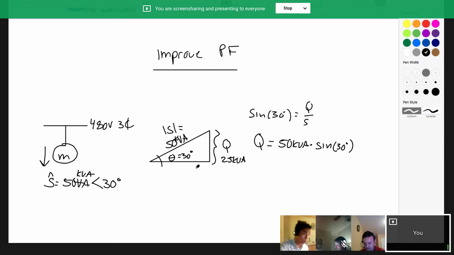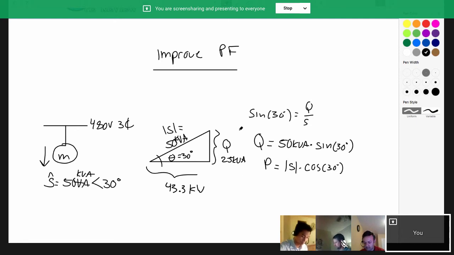Go ahead and let me know what you get for P. Try P equals that same S magnitude times cosine 30. 43.30. And what's my unit there? kW. kW, perfect.